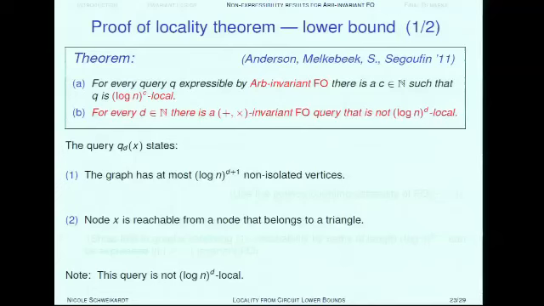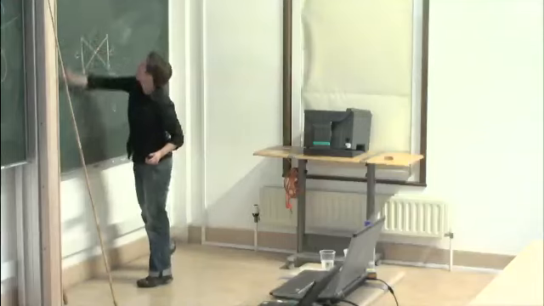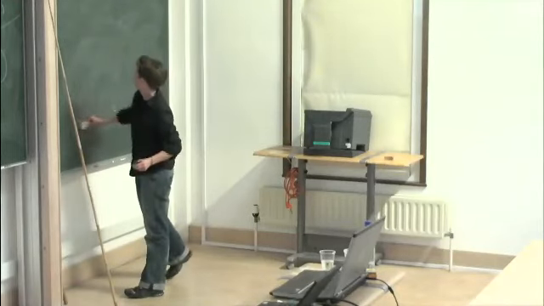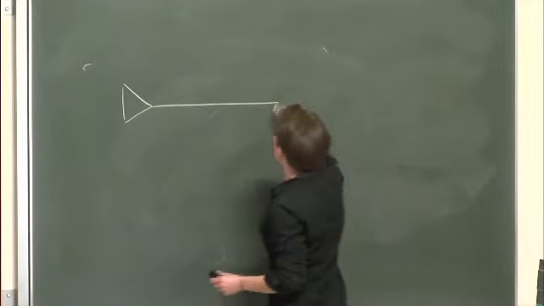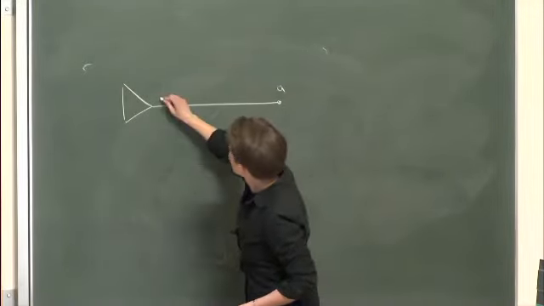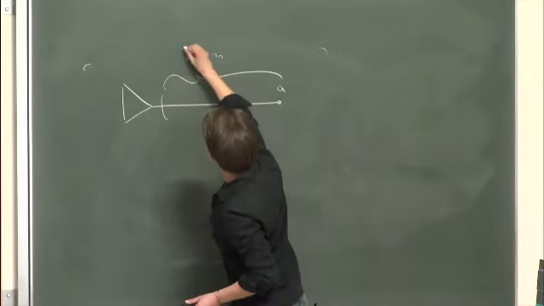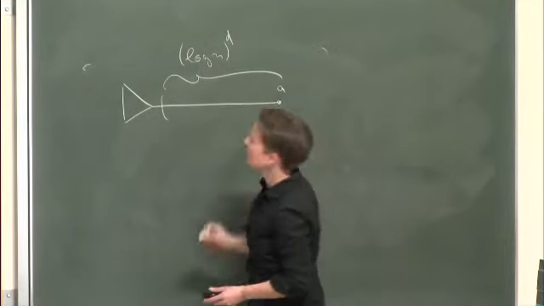And why is this query not log n to the d local? So let's look at this query. So take a triangle and a path, and let this be our node A. And let this here be log n to the d.